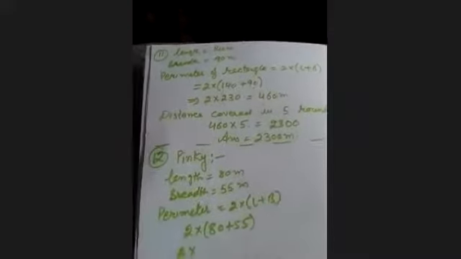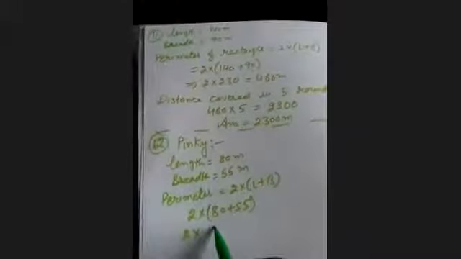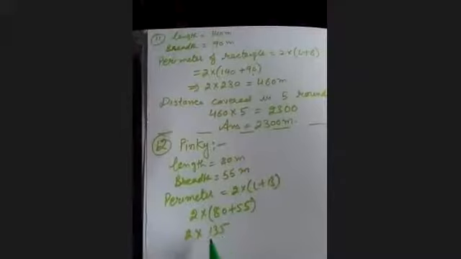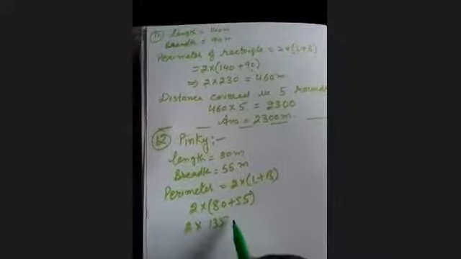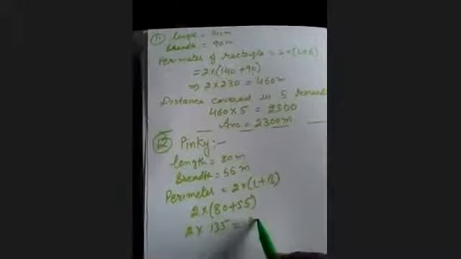Now add, 80 plus 55 is 135, and 135 multiplied by 2 is 270 meter.